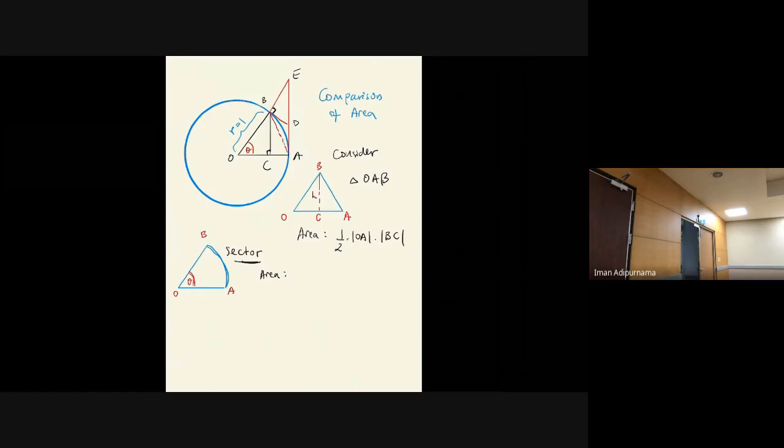So theta over 2 pi is multiplied by the area of the circle. Because our radius is 1 from our definition at the beginning, we just have half theta.